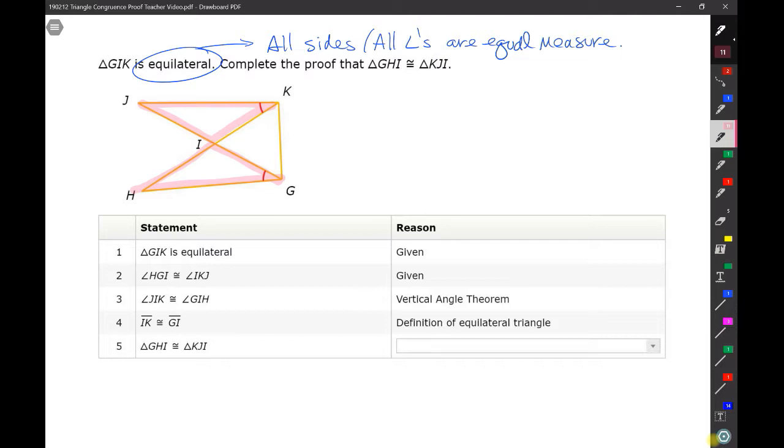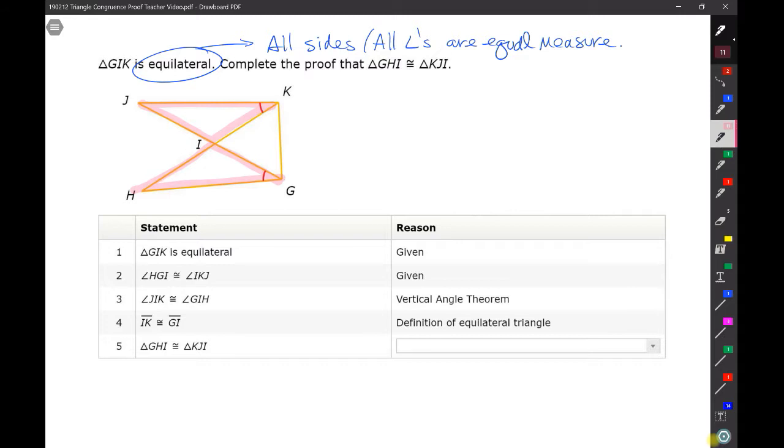In order to do that, we need three key pieces of information: side, side, side, or side, angle, side, something like that. As you look at those two triangles, you should already see, hey, I've got one angle congruent between the two triangles. So there's really only two more pieces of information you need to find in order to say these triangles are in fact identical twins. Let's see if we can find some of that information.